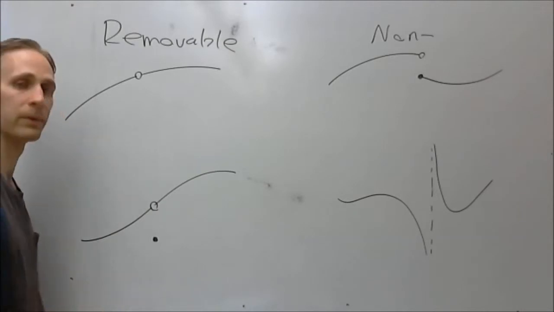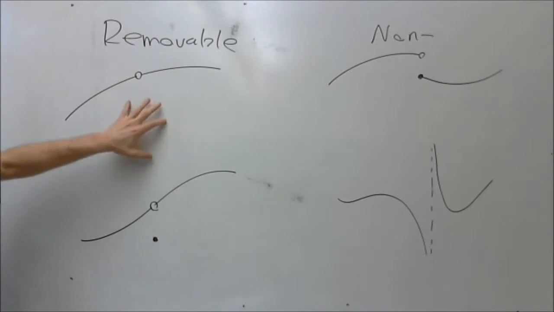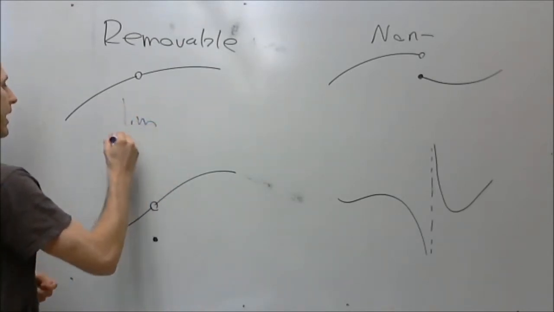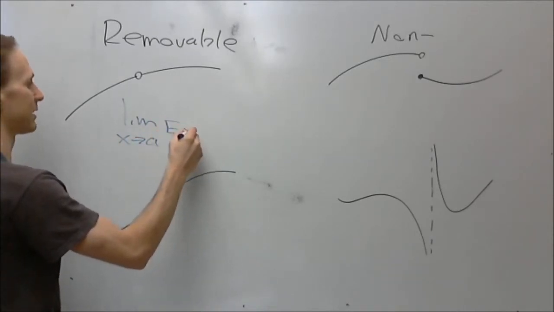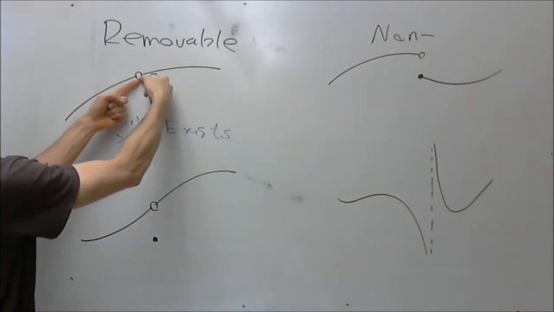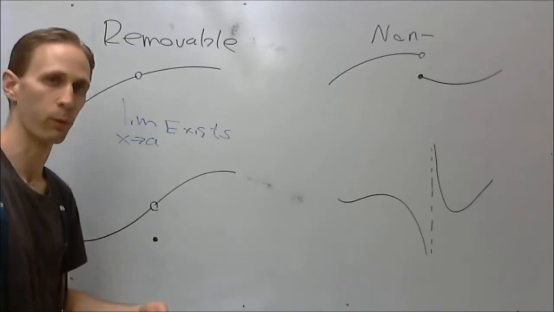It's whether the limit exists, right? The way to call a discontinuity removable is to say that the limit as x approaches the x value exists, right? In both of these cases, the limit exists, and that's what makes it removable.